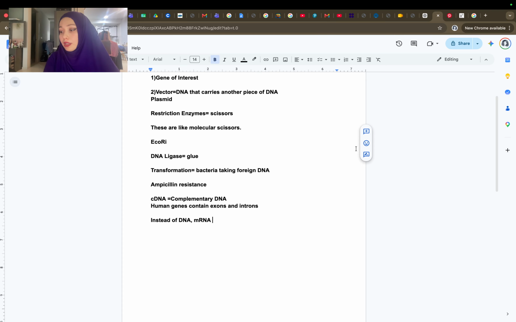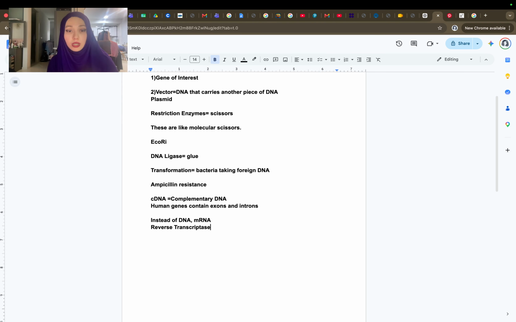After we have introduced messenger RNA, we have a process called reverse transcriptase. So what is that? It does something weird, because normally DNA is transcribed into RNA.